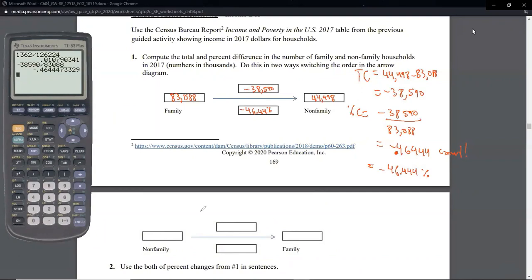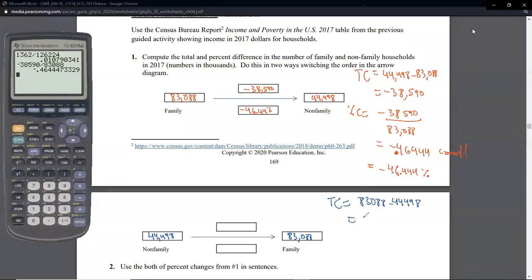So let's hold on to those numbers. Now let's do everything we just did, but flip the script. Now the old's the new. So now we're saying non-family is the base value, which is the 44,498. The family is the new value, so to say, 83,088. So the total change is the subtraction of those, 83,088 minus 44,498.